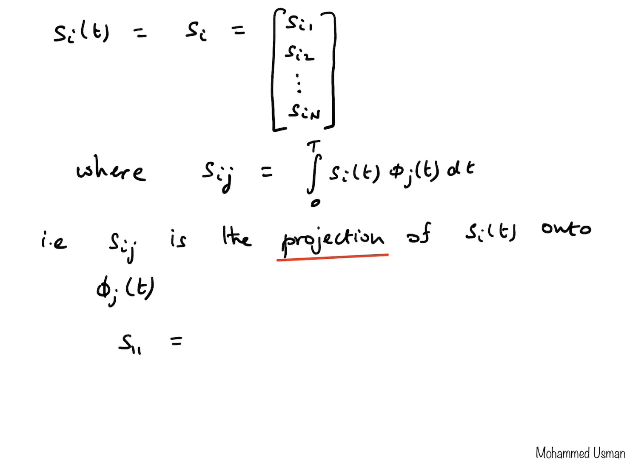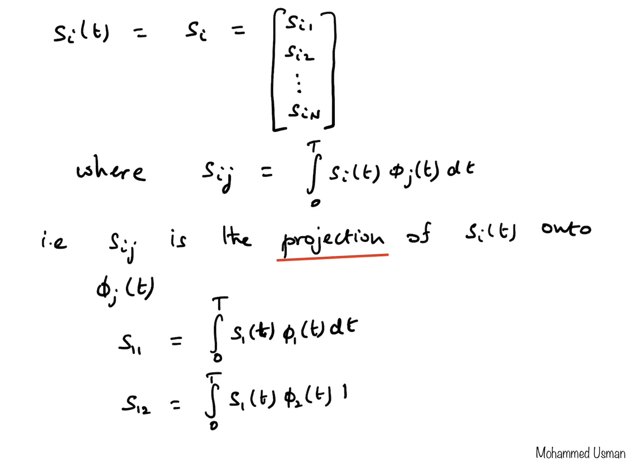We can write S11 as integral 0 to T of S1 of t into phi 1 of t dt. That's the projection of S1 of t onto the basis function phi 1 of t. Similarly, the second element S12 is the projection of S1 of t onto the basis function phi 2 of t. We write that as integral 0 to T of S1 of t into phi 2 of t dt.